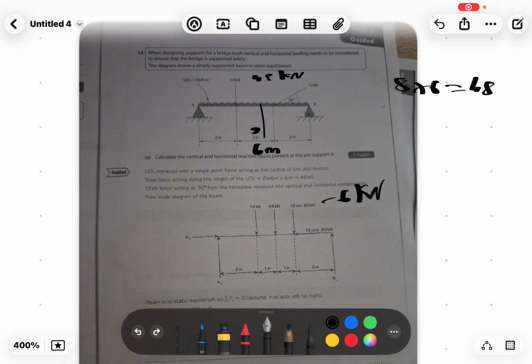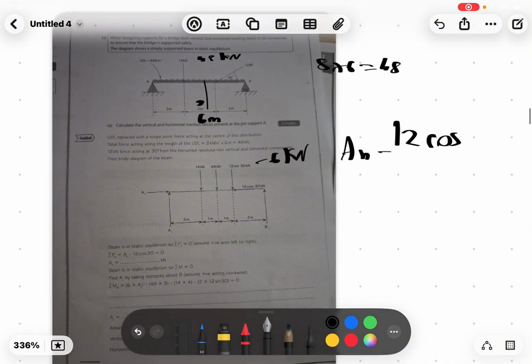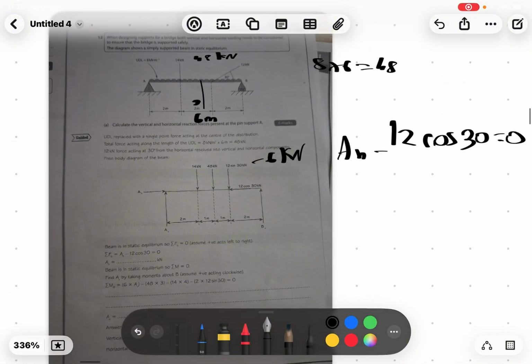So let's find the horizontal. Horizontal first, because that's the only one. So look, there's one here, right? And one here. Equilibrium means that when these two combine, they cancel each other, because they go in opposite directions, and cancelling each other out means they equal zero.